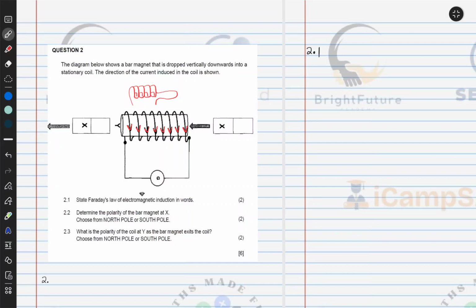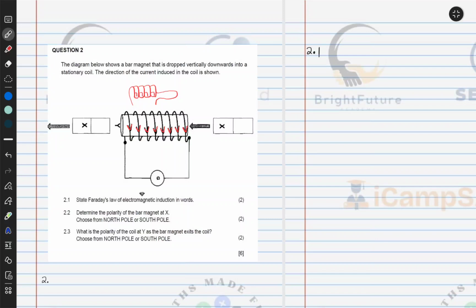Remember, with electromagnetic induction, what happens is we just have a changing magnetic flux, and then it induces an EMF, and the magnitude of that induced EMF is dependent on how fast this magnetic flux is changing.